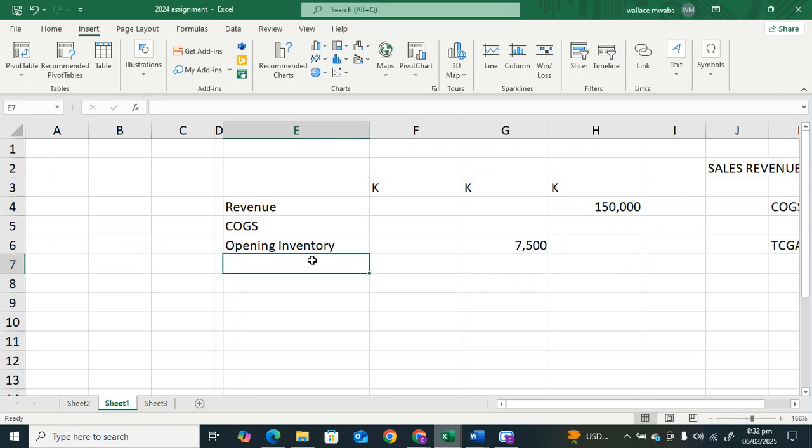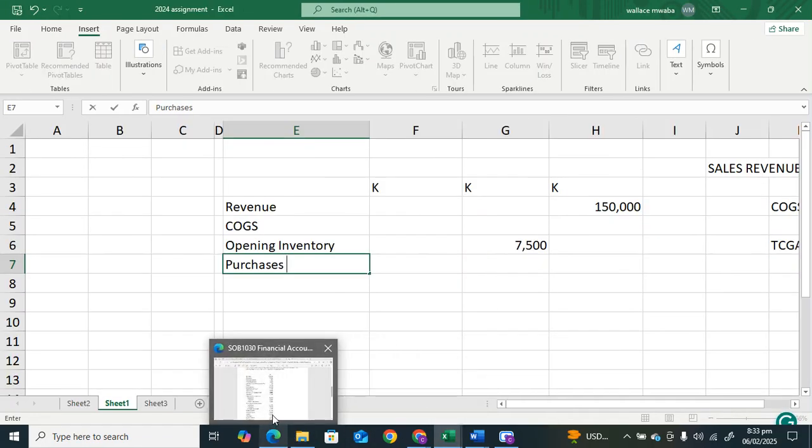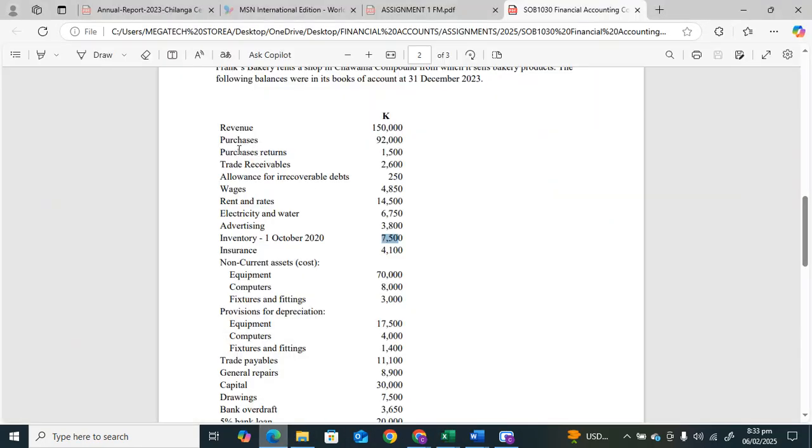Purchases. Let's see. I don't think there was any adjustments for purchases. We've got purchases here 92,000.